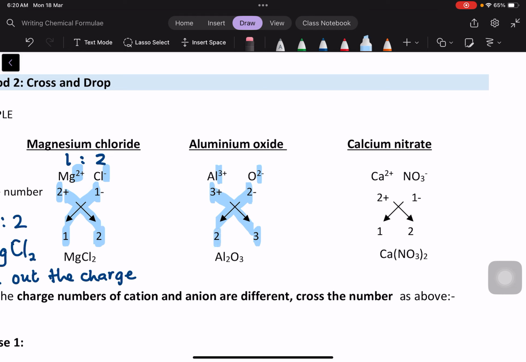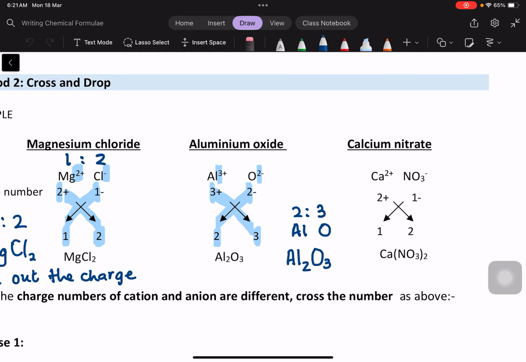So notice that to cancel out the charges, we need 2 aluminium and 3 oxide. So to write the formula, you write down the numbers as subscripts, the little 2 on the right bottom corner, and the 3 for the oxygen, as O3.